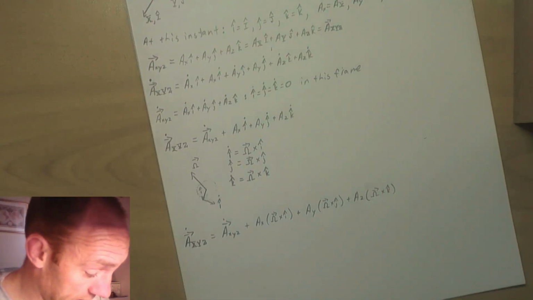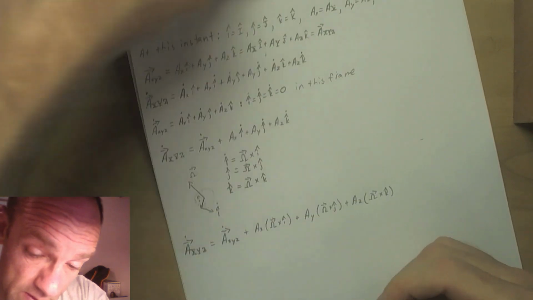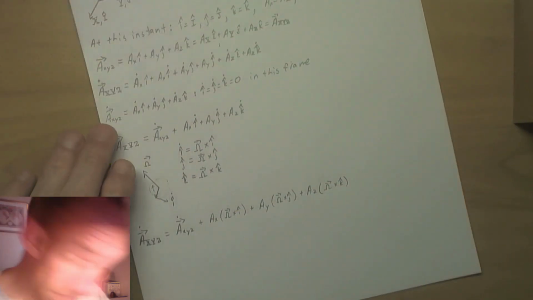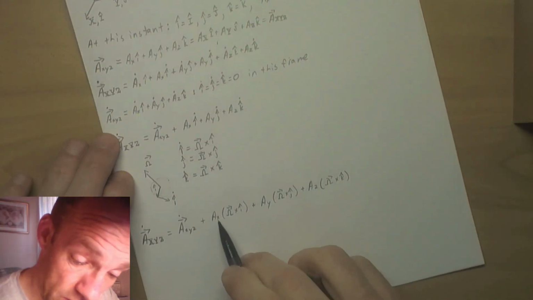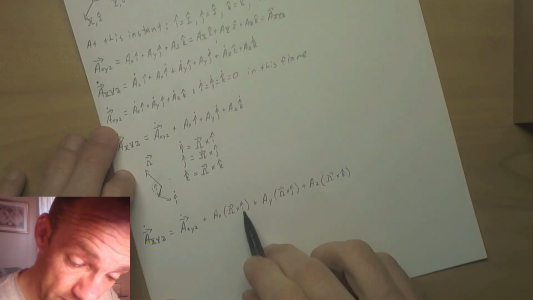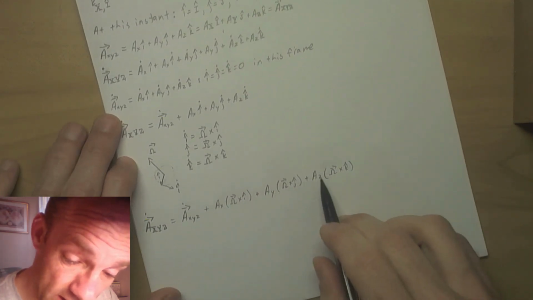And so we can distribute the components AX, AY, and AZ into that cross product.